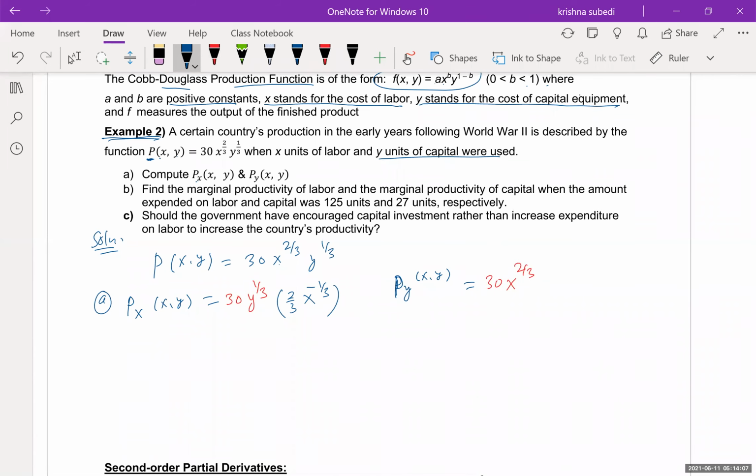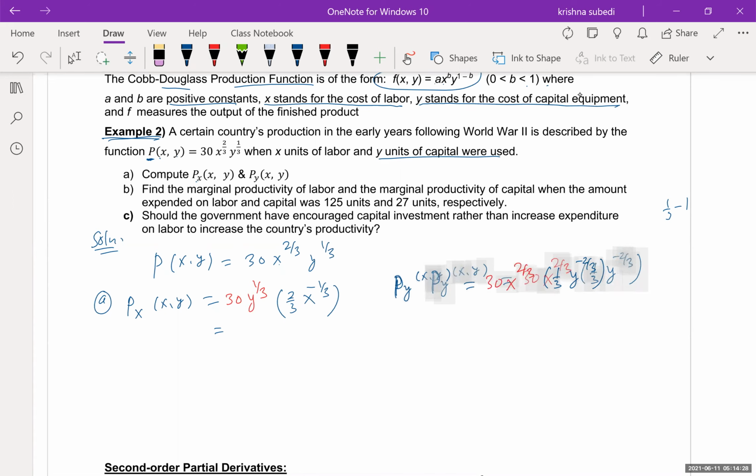And now use the power rule for y, which is 1 over 3 y raised to power 1 over 3 minus 1, which gives you negative 2 over 3.